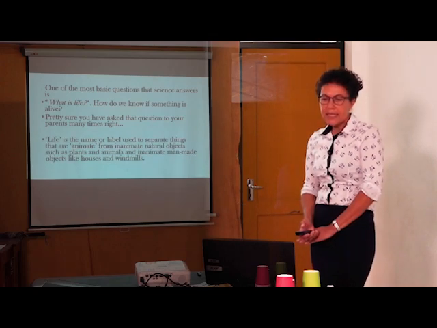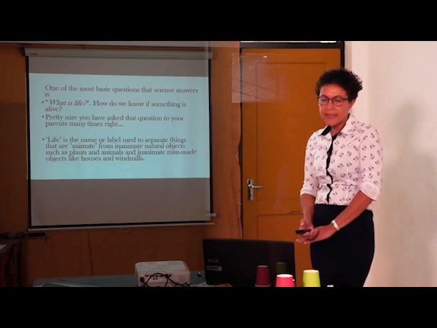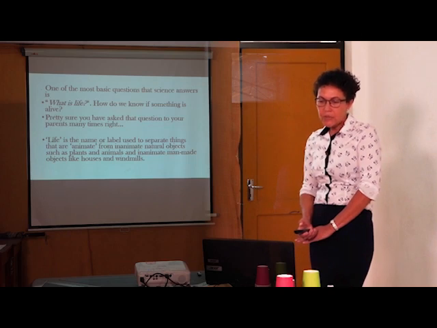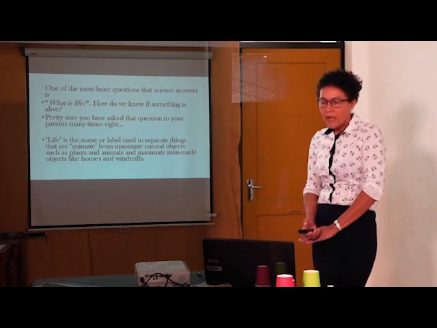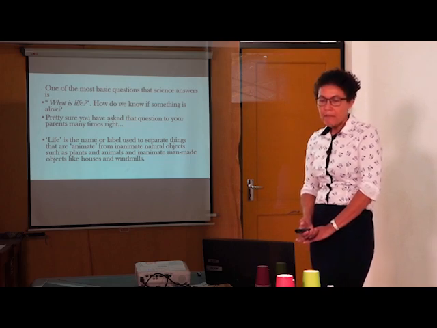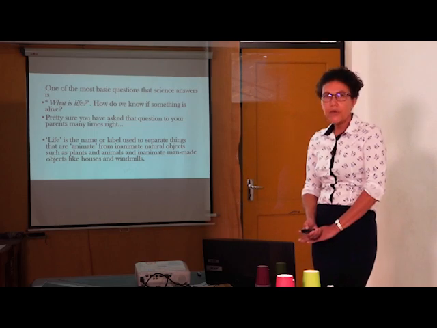Life is the name or label to separate things that are animate from inanimate. Natural objects such as plants and animals are animate, and inanimate are man-made objects like houses and windmills. So these are only a few examples, and we will learn a little bit more.